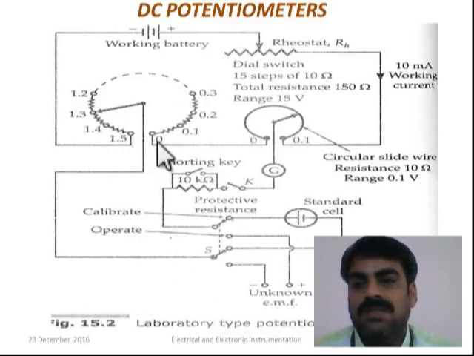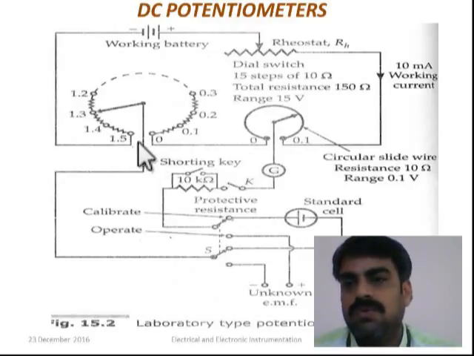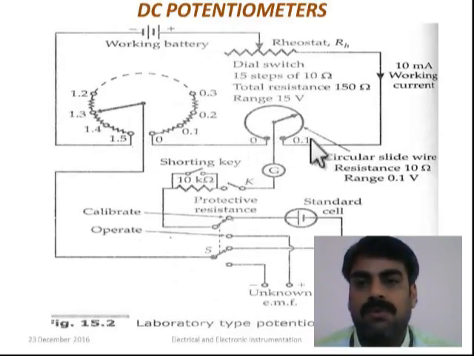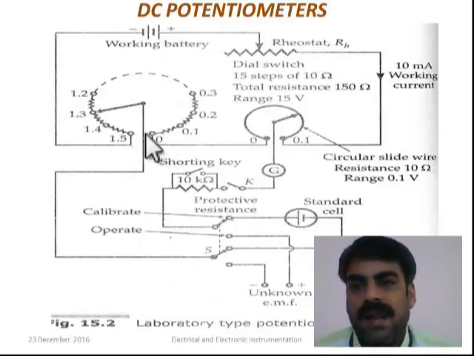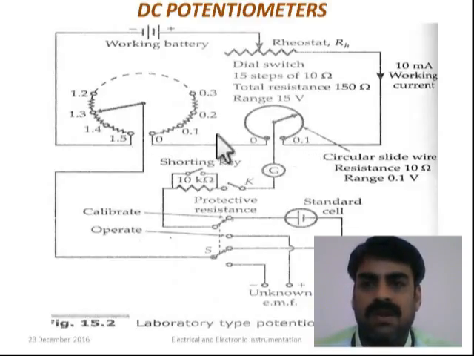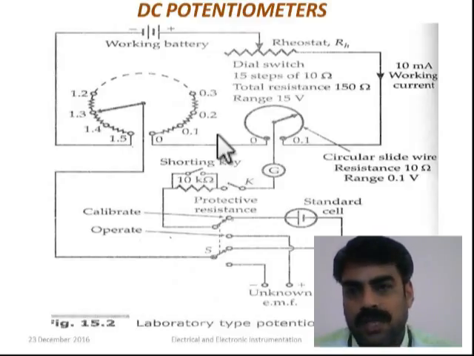So we can measure voltage from 0 to 1.5 volt using only this main dial switch. Similarly, using this slide wire, we can measure up to 0.1 volt. Since the main dial switch and slide wire are in series, the total potential we can measure using this arrangement is 1.6 volt.